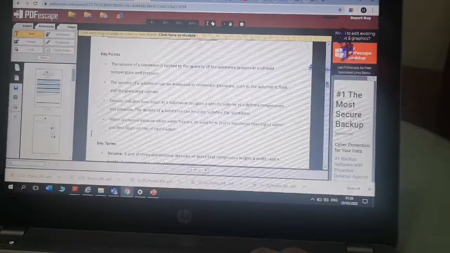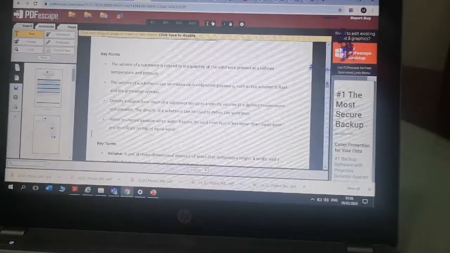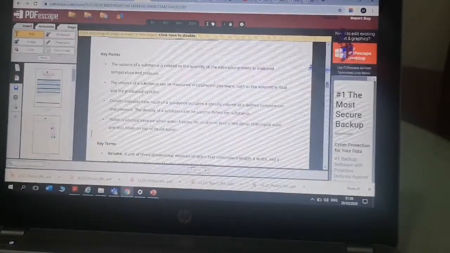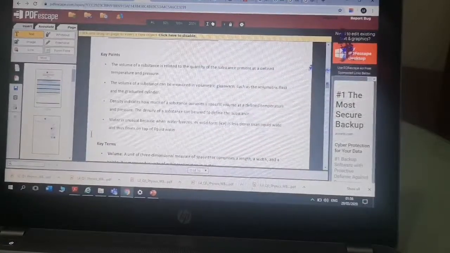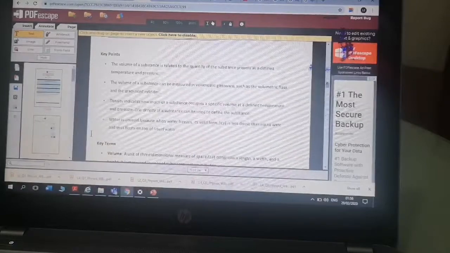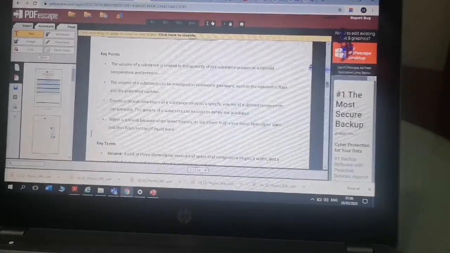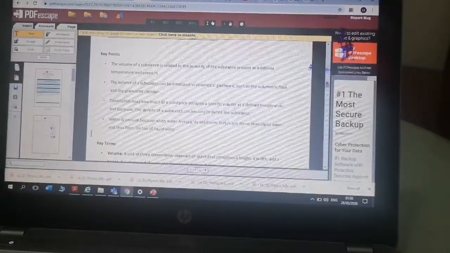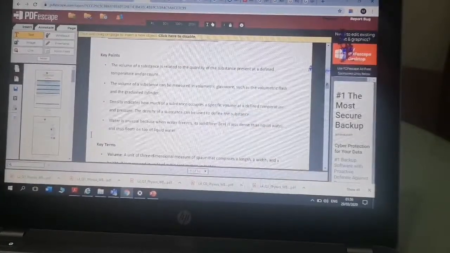Okay, so what is the difference between volume? Now, this is a good one. I'm just going to take 2 pieces of paper. So, 1 piece of paper, the full piece of paper.